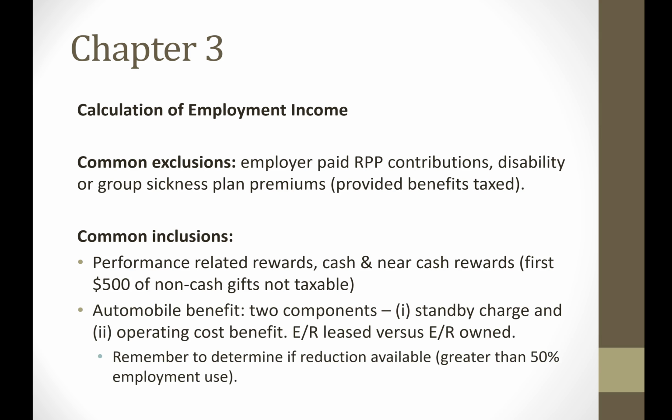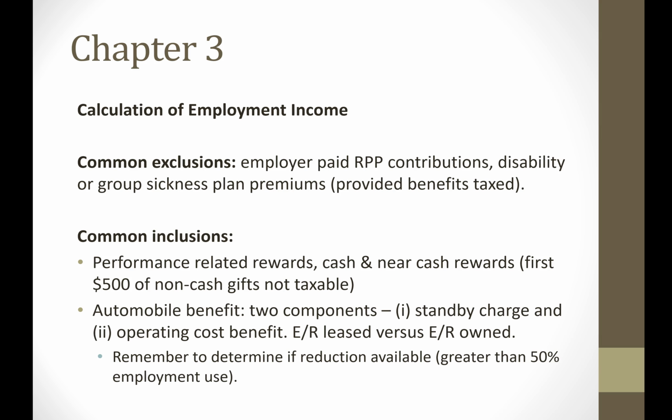We spent quite a bit of time looking at automobile benefits. If an employee has use of a company car and that employee gets to take the company car home with them on evenings and weekends and gets to use it for personal use, then there's an automobile benefit that needs to be calculated. Now remember, there were two calculations: the standby charge and the operating cost benefit.